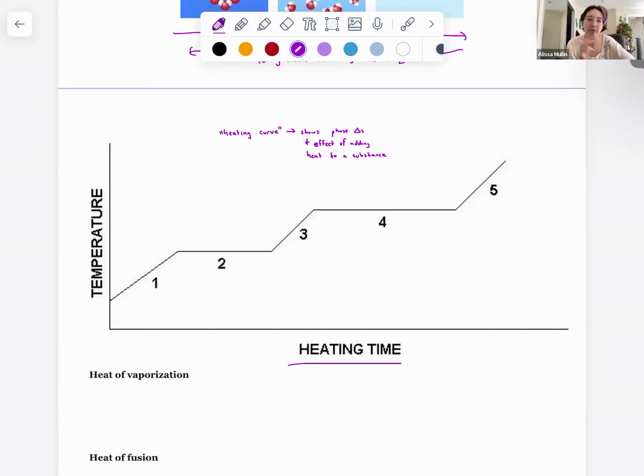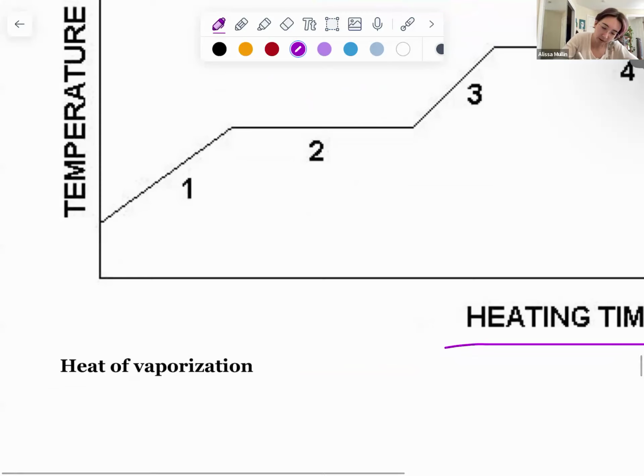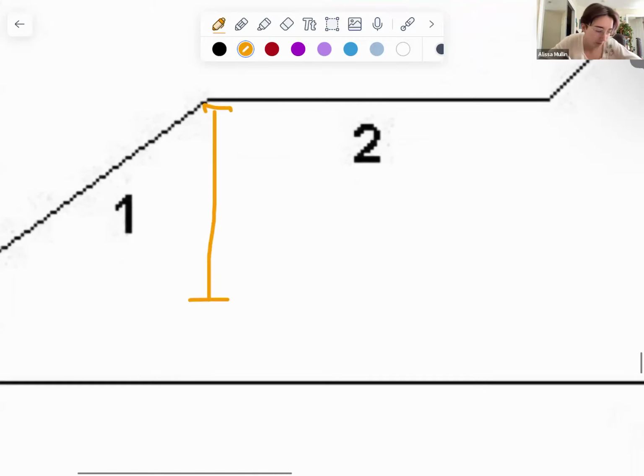The scenario here always looks the same, with these plateaus. If you see three separate plateaus like this, let's orient ourselves. Down here, we're assuming we're starting with a solid. If you start with a low temperature, you're starting with a solid. So in this little stretch of time, you have a solid substance.